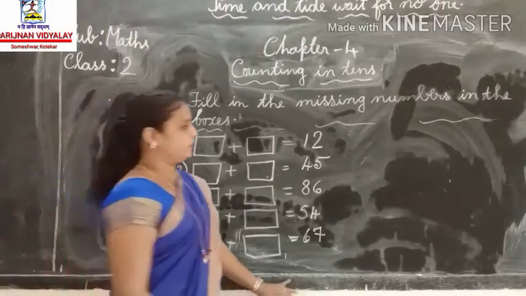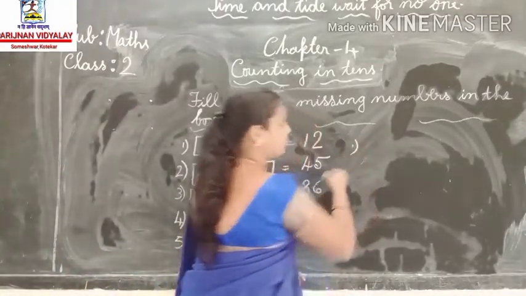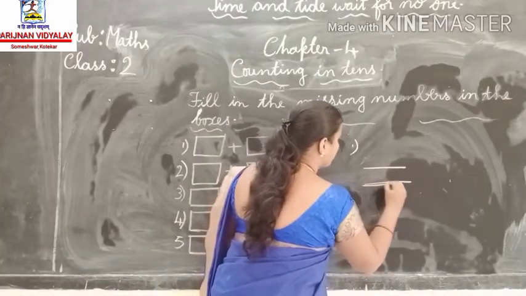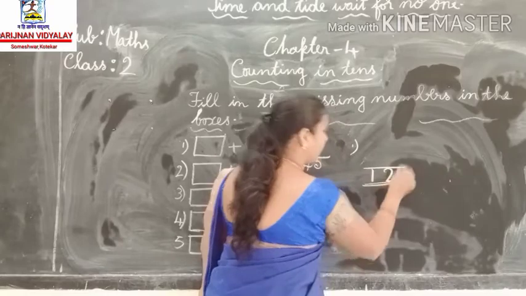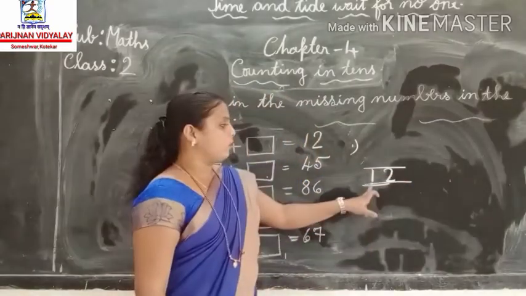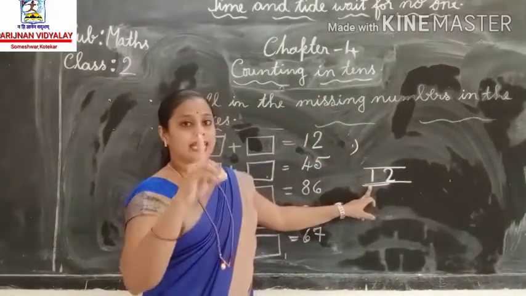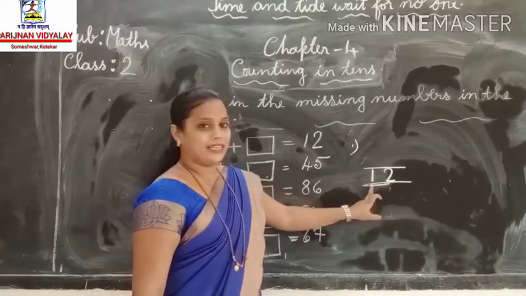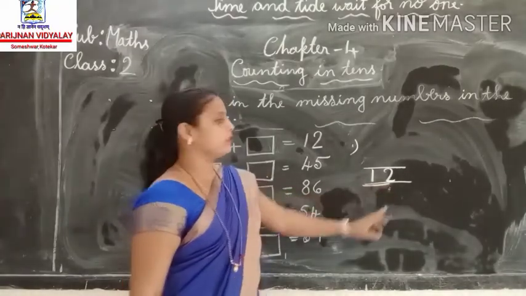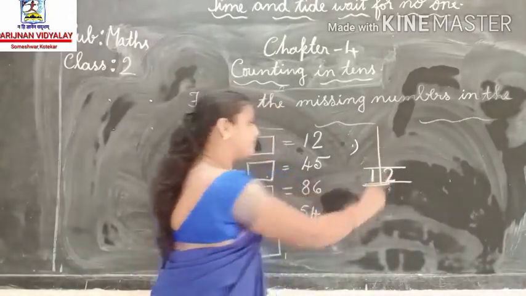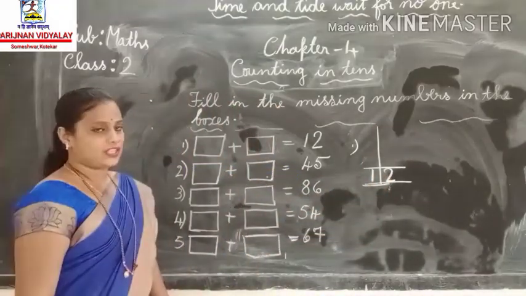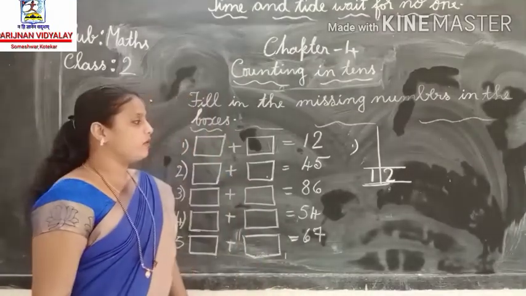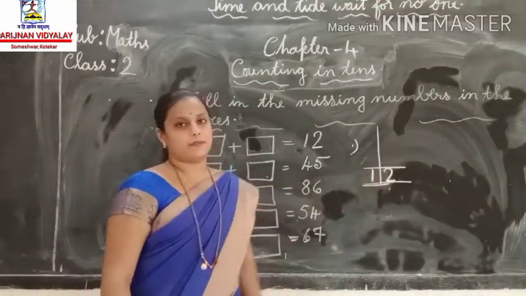Let us look at the first one. Your answer should be 12. 1 is in the tens place, 2 is in the ones place. 1 ten and 2 ones. So let us find two numbers. First we have to see the ones place, right?